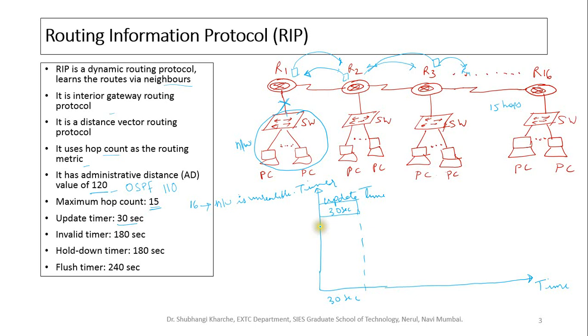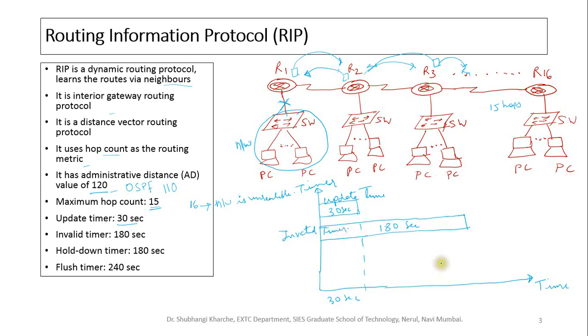So, the time taken by the routers to define that a particular route is unreachable is 180 seconds, and this timer is called the invalid timer.